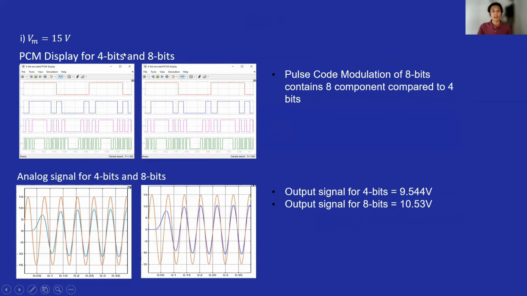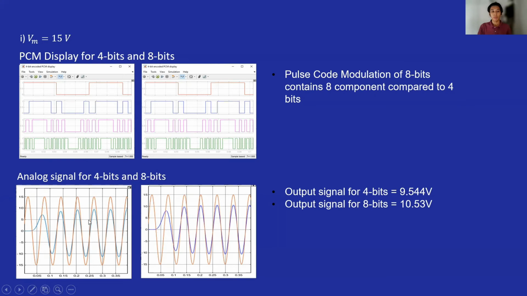Moving on to the PCM display comparison for 4 bits and 8 bits, we can see that the pulse code modulation of 8 bits contains 8 components compared to the 4 bits, which only contains 4 components. Moving on to the analog signal for 4 bits and 8 bits comparison, we can see that both output signals are lower compared to the input signal.